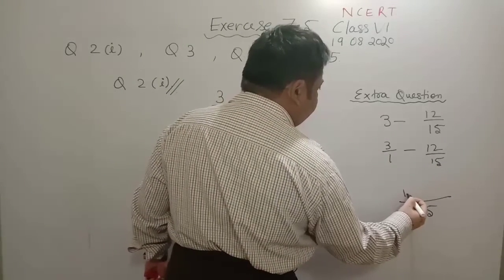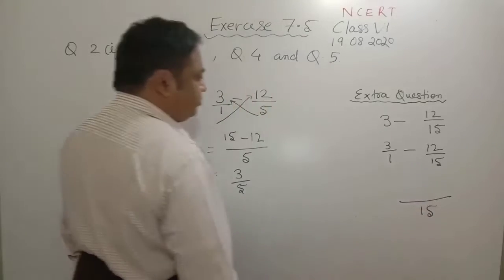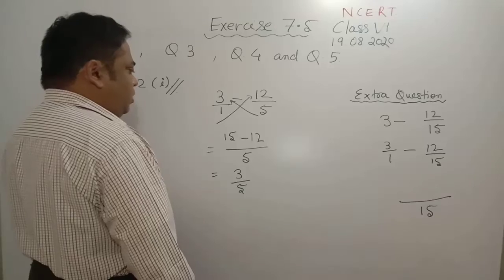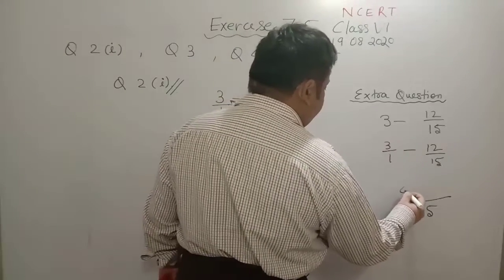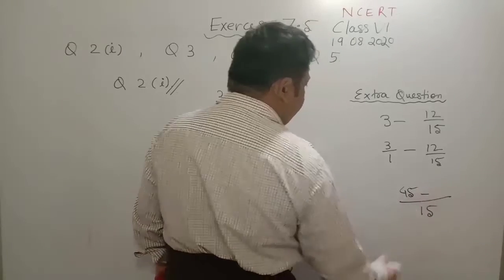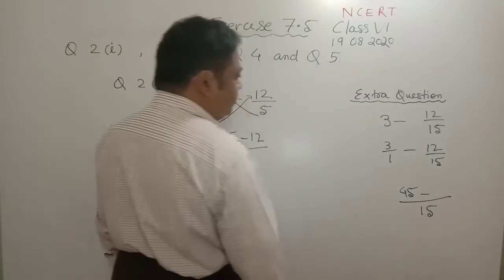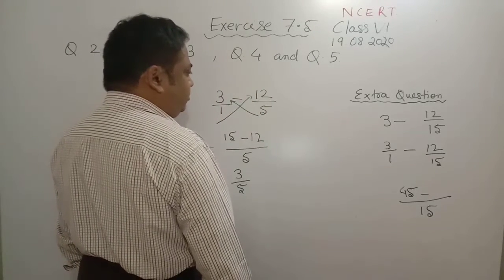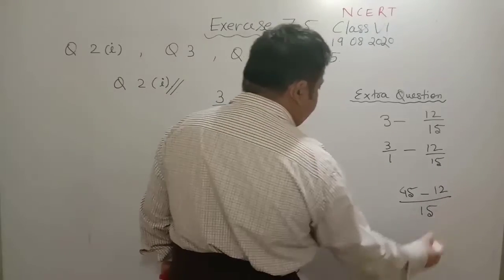So we will cross multiply this with 12. It will become 1 15s are 15 and 15 3s are 45, minus 15 1s are 15 and 1 12s are 12. So what we have done?